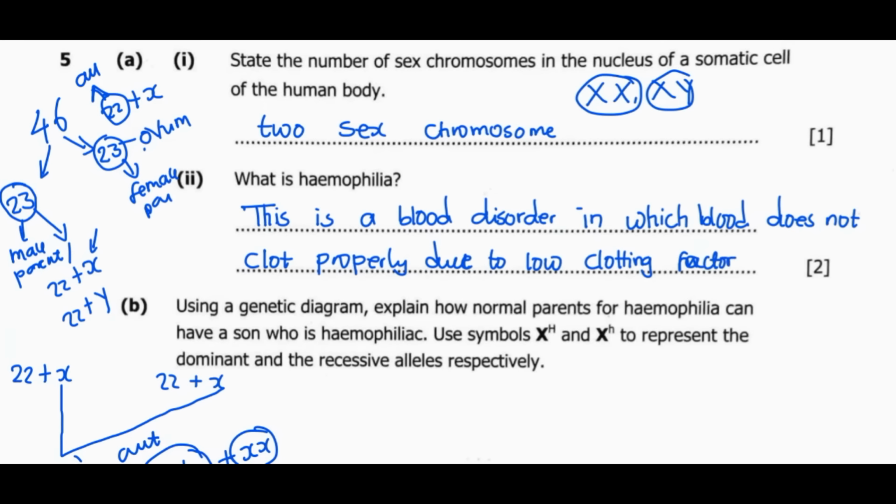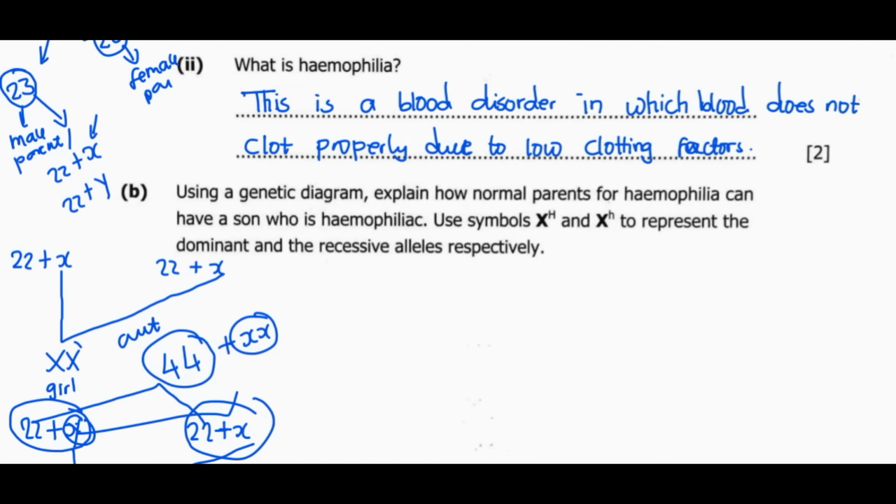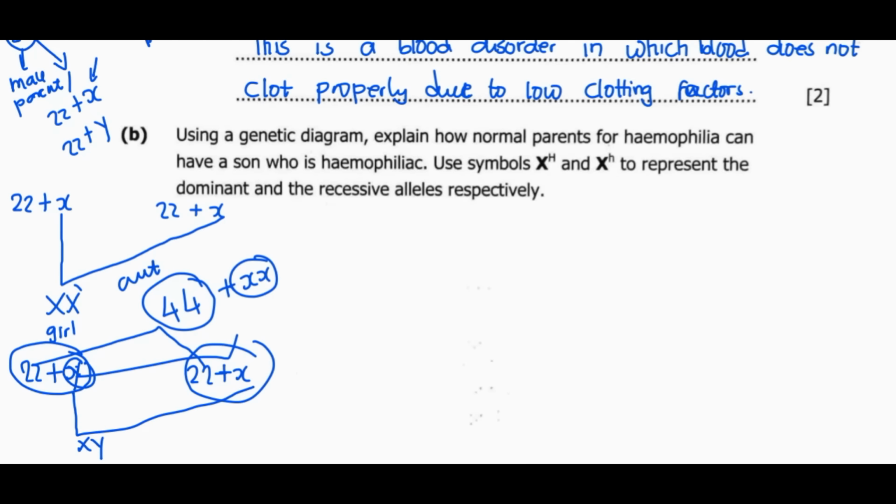So here you just have to look at maybe some of the factors that help blood to clot. If you want to look at that, you can go and look at the mechanism during the clotting of blood.